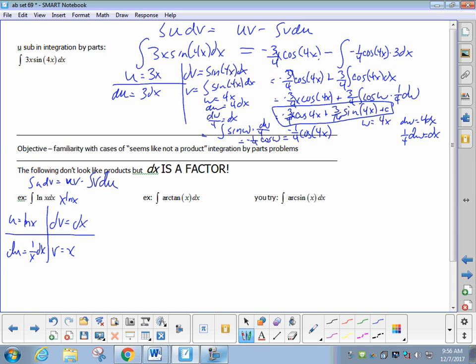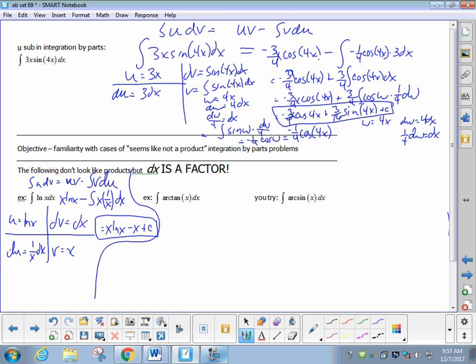I prefer to write the x in front of the natural log instead of behind. It tends to bleed into the argument of the natural log otherwise. Minus v du is x times 1 over x dx. That's nice. What's the antiderivative of 1? x plus c. Right?